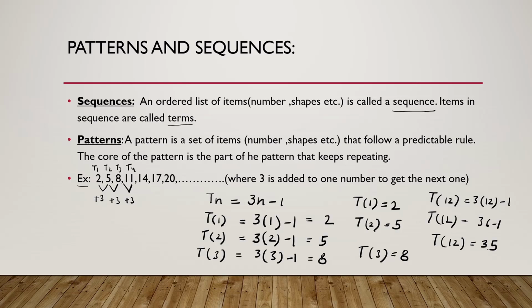Likewise we can calculate all the terms of the sequence with this term rule. This is called the term rule, used to calculate any item in the sequence. I hope it clears to you.